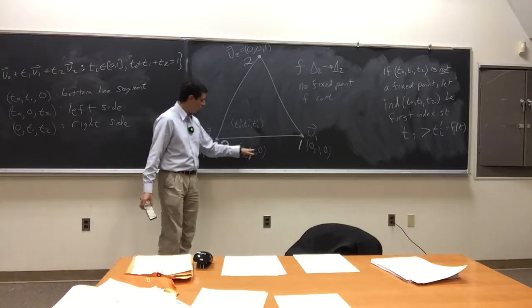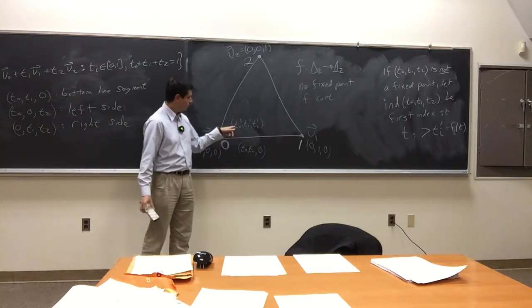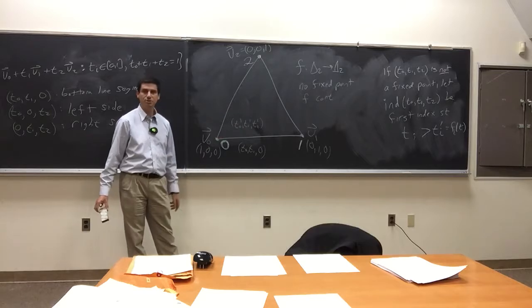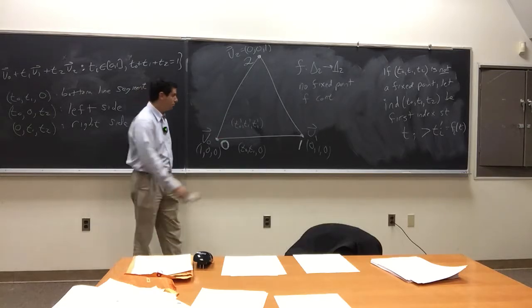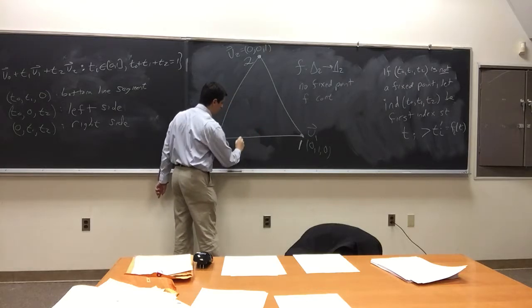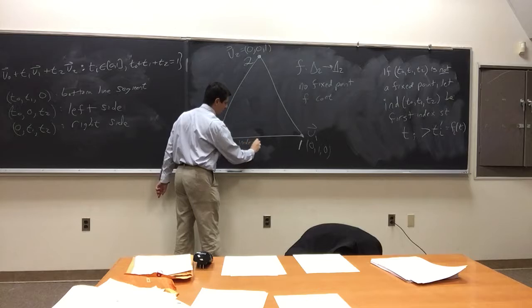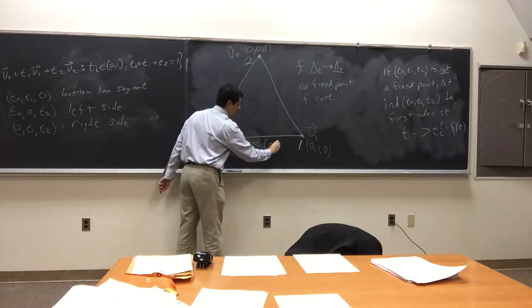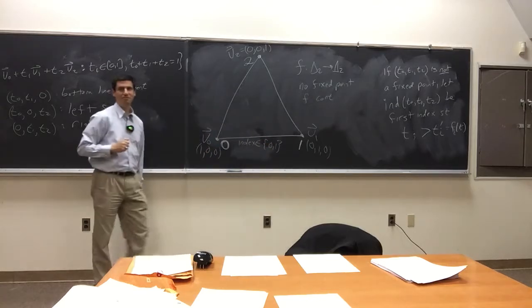So what do we know about t0, t1 going to t0 prime, t1 prime, t2 prime? It's got to be a 0, 1. So the value of the index along here has to be in 0, 1.